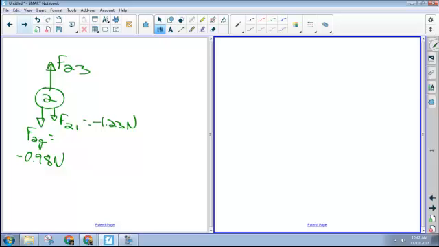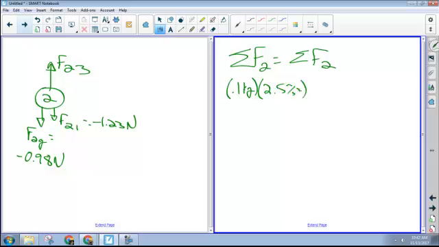Okay, so now I can set this up. Net force on link number 2 equals net force on link number 2. So what mass should I use here, you guys? 0.1 again, right? So 0.1 kilograms, because that's the mass of link 2. Our acceleration is 2.5, right?